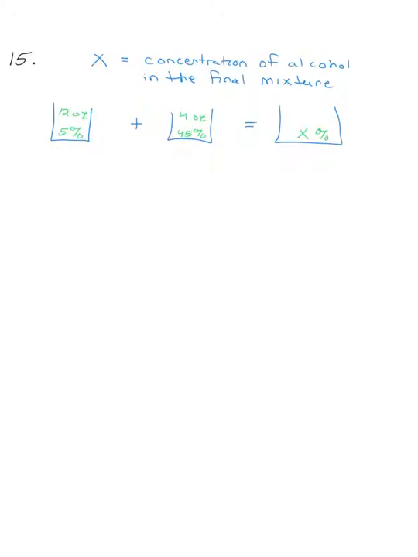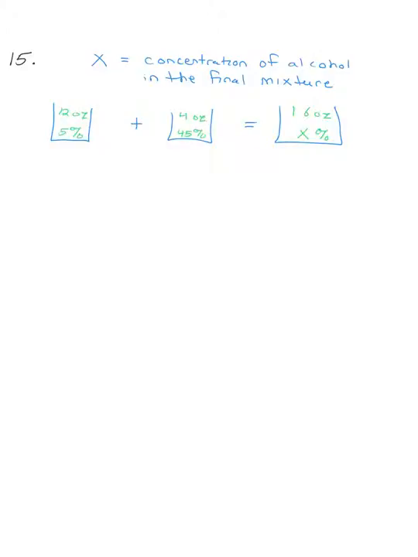For question 15, I've set up the variable to be the concentration of alcohol in the final mixture. That's the thing we're solving for. If we mix these two things together, there's an additional piece of information you can infer. 12 ounces plus 4 ounces means that the number of ounces in the final solution is going to be 16 ounces. I can use this picture to now set up my equation.